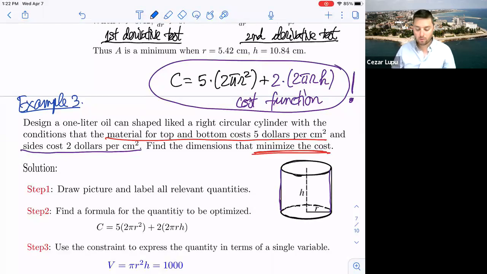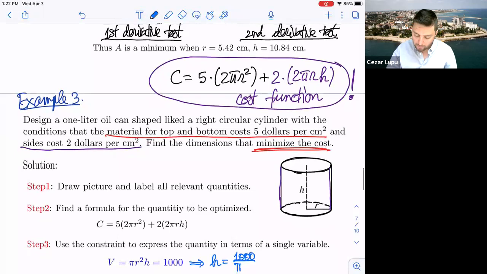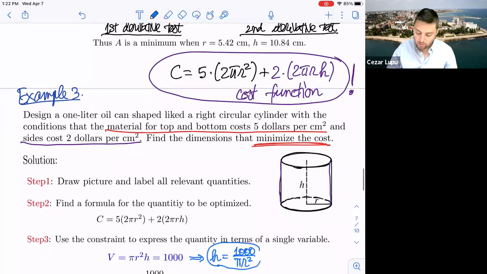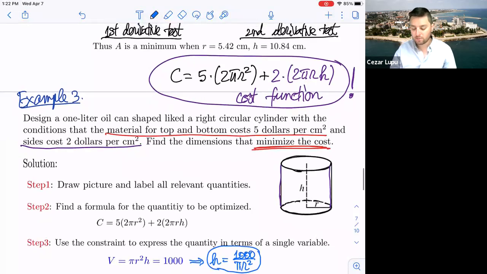Clearly, from this we can express h: h equals 1,000 over pi r squared. And now, guess what we're going to do? We're going to plug it into the cost function, right here.